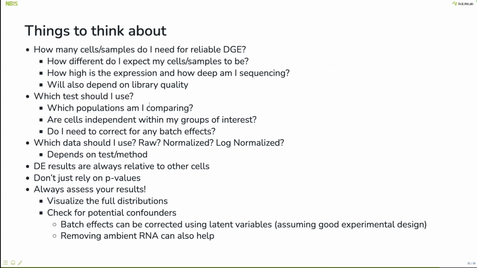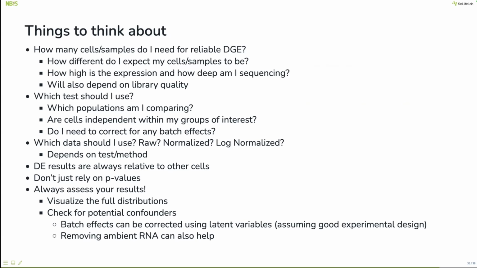When you consider which tests you want to use, start with thinking about which populations you are comparing. Are you comparing just populations of independent cells, or are you comparing patient populations? Are you comparing populations that you've defined before or after with the data?